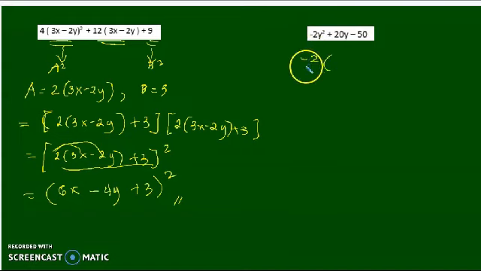So negative 2y squared divided by negative 2 is y squared. Then 20y divided by negative 2 is negative 10y. And then negative 50 divided by negative 2 is positive 25.